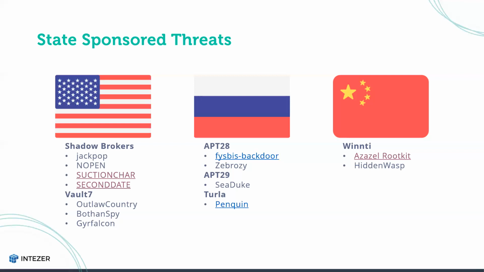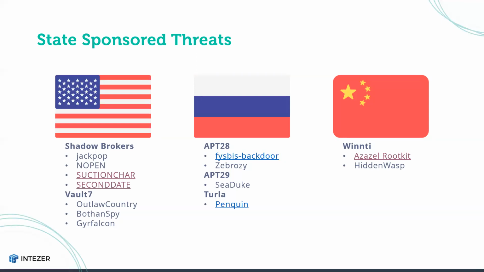With APT29, they found that some of the scripts they were using had cross-platform functionality, in the sense that there were some Linux artifacts there as well, so APT29 has also deployed Linux implants. And then Turla has a backdoor called Penquin Turla that is also pretty well known.